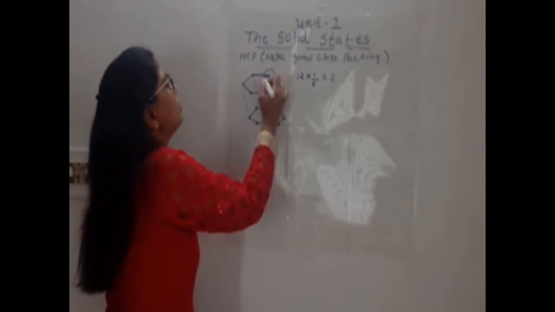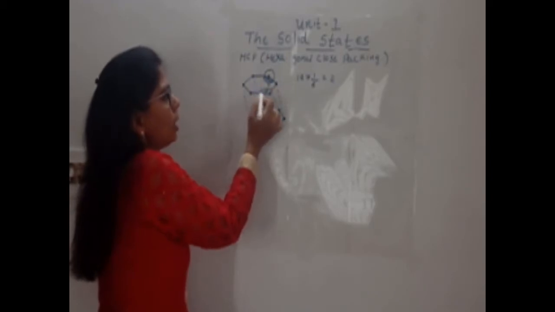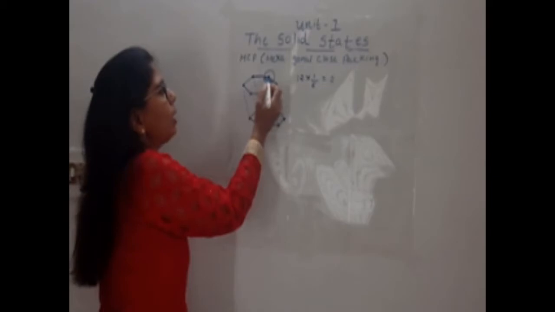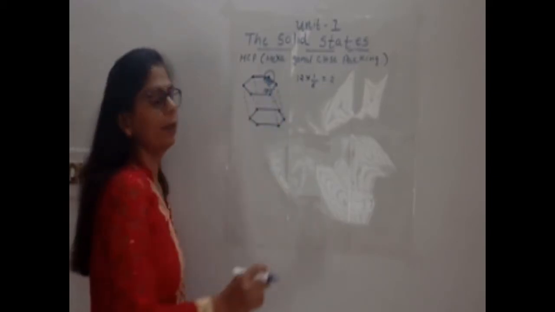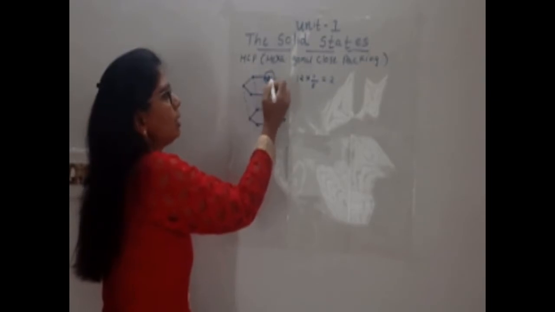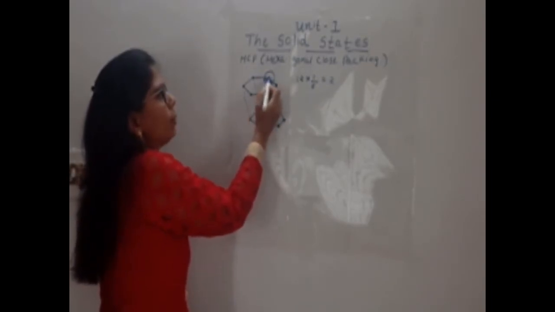This is our total unit cell, and out of that total unit cell, the part that has come inside the hexagonal is only 1/3. So the total degree of this sphere is 360. So here it is a 120 angle. So the remaining is 120 and the remaining is 120.